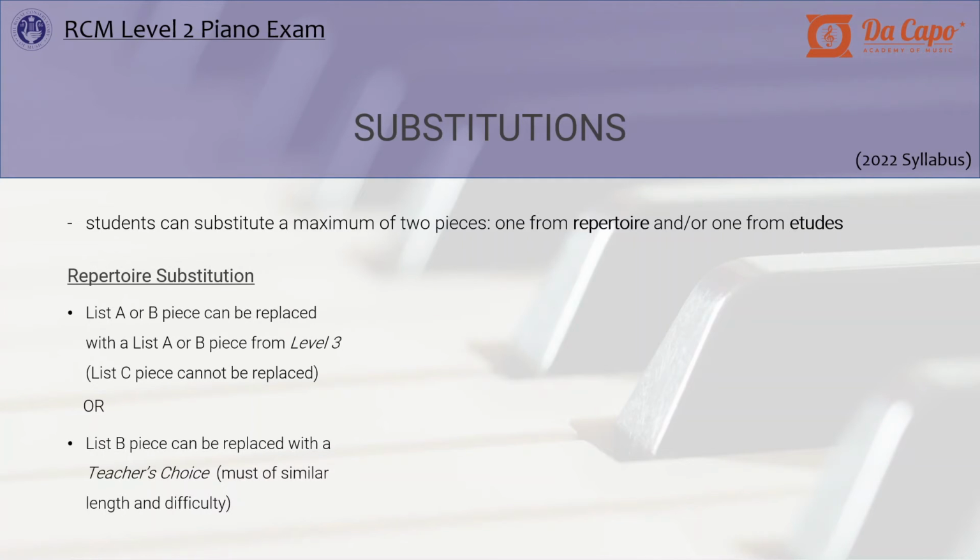For the repertoire substitution, we can replace a list A or B piece with a list A or B piece from level 3, which is the next higher level, and the list C piece cannot be replaced or substituted, so please keep that in mind. We can also choose to substitute the list B piece with a teacher's choice, which has to be of similar length and difficulty level.